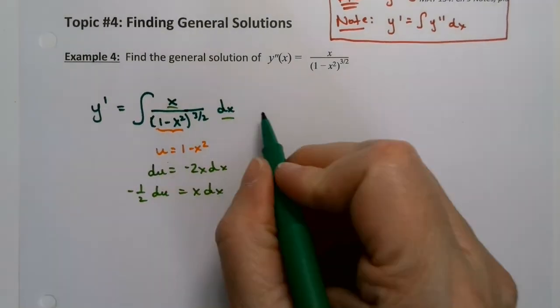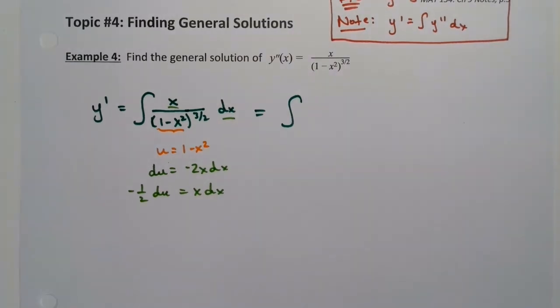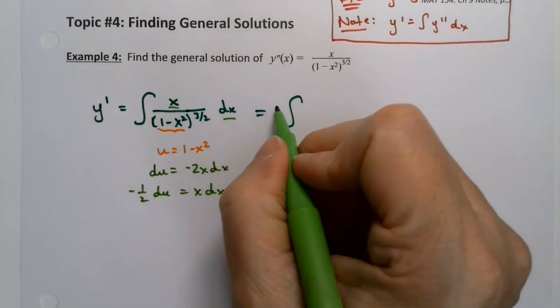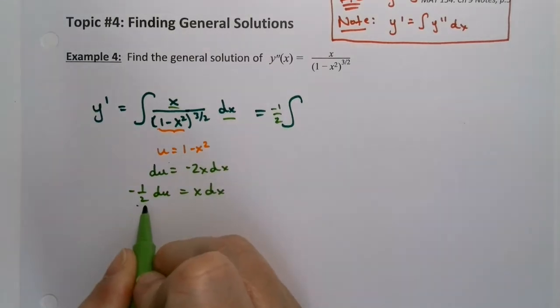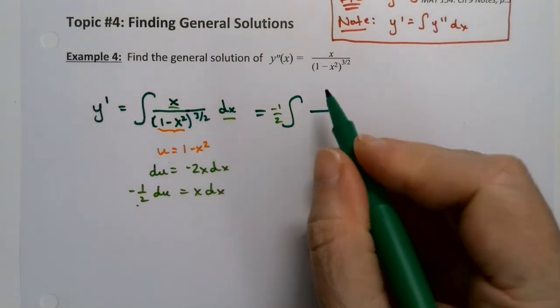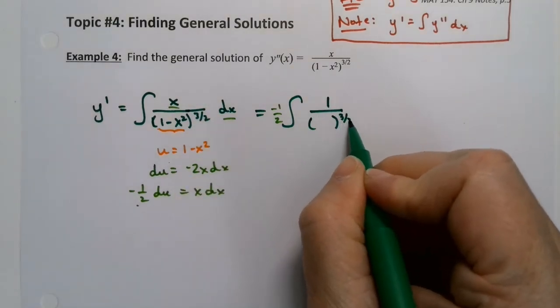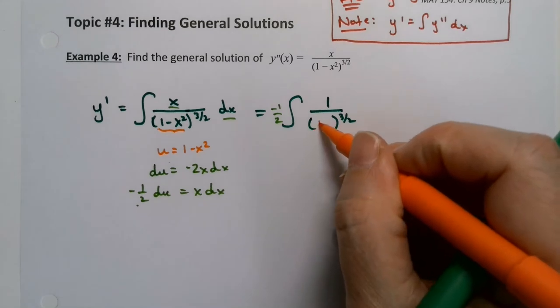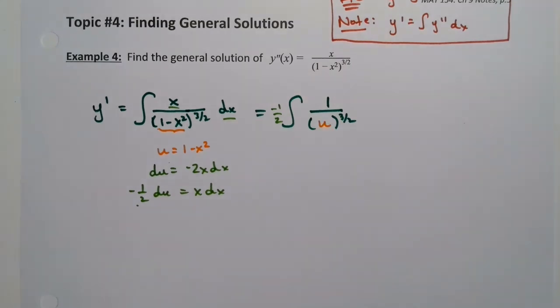All right, so let's rewrite this integral. It's going to be negative 1/2 in front, that just gets that out of the way, and then it's going to be 1 over u to the 3 halves du.